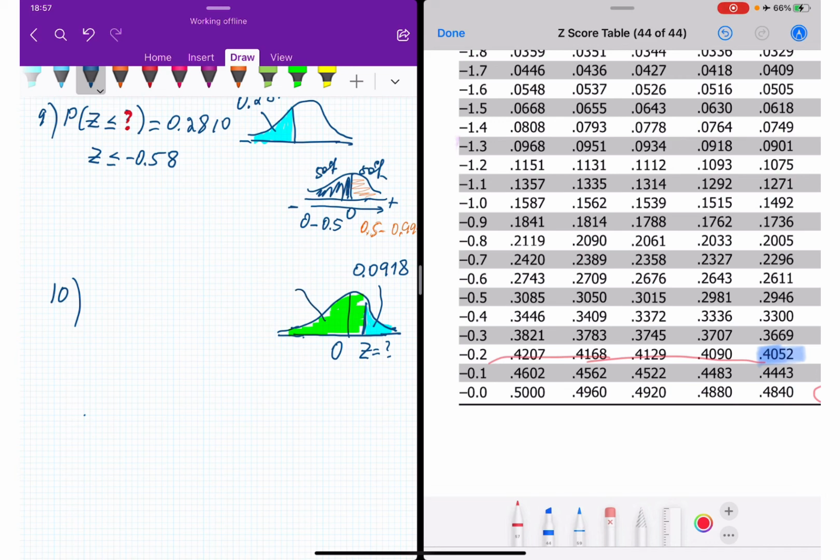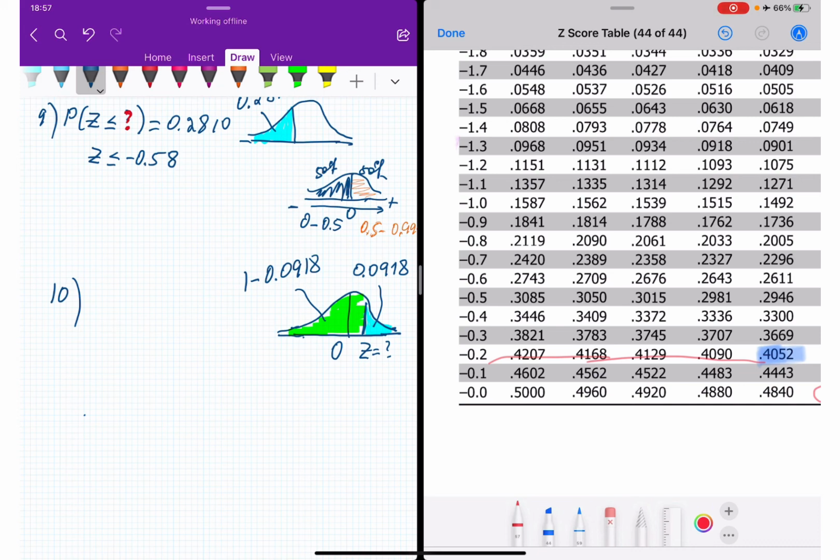It's going to be 1 minus 0.0918. So 1 minus 0.0918, and that is equal, did I write it down?